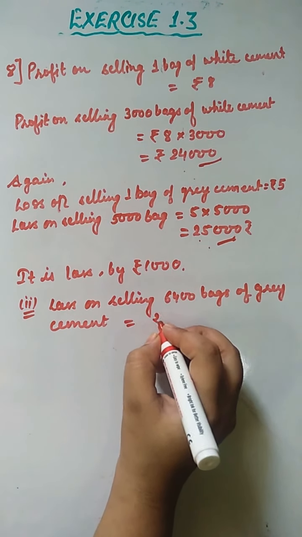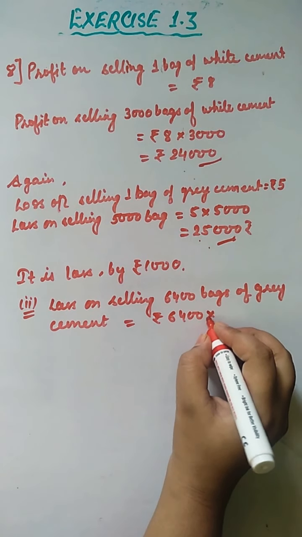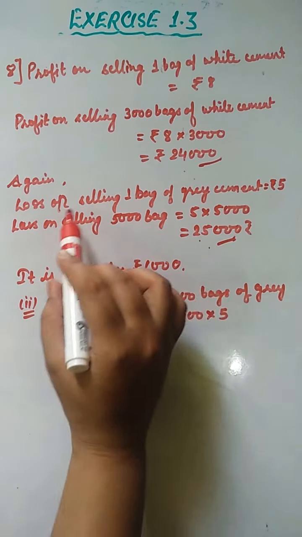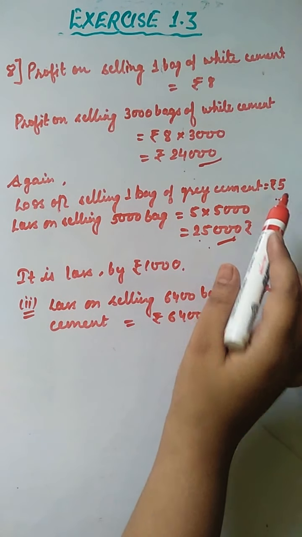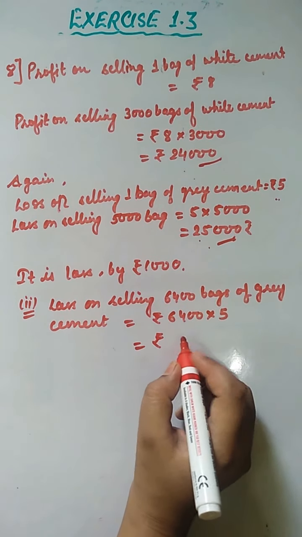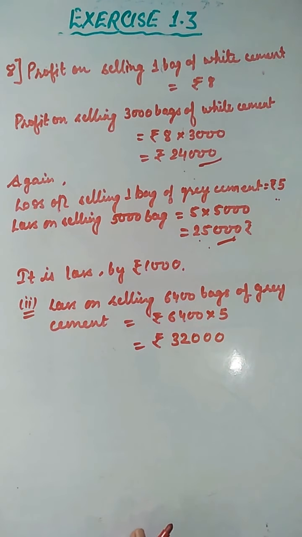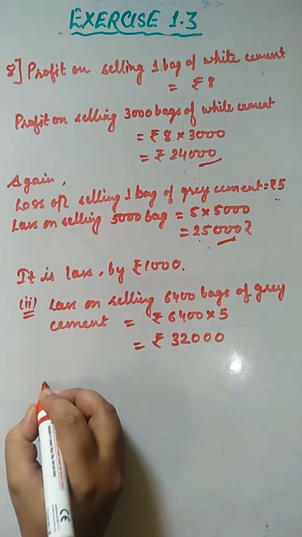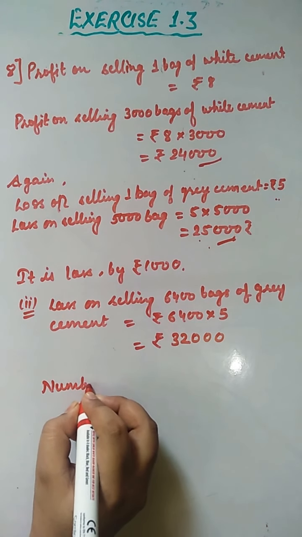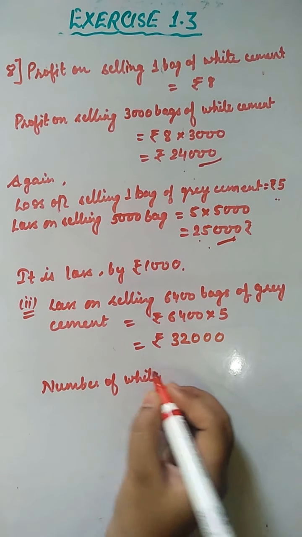So we can find out the total amount: 6400 bags into rupees 5, because the loss on selling one cement bag is 5. This will be how much? 32,000 rupees. So how will you find out the number of white bags?